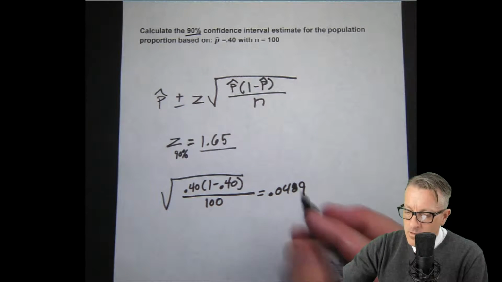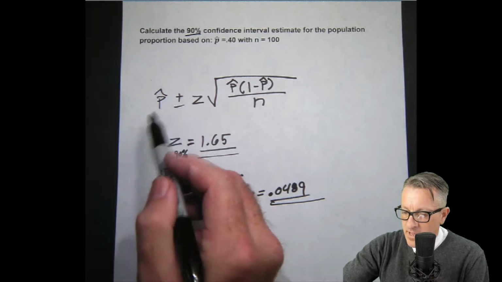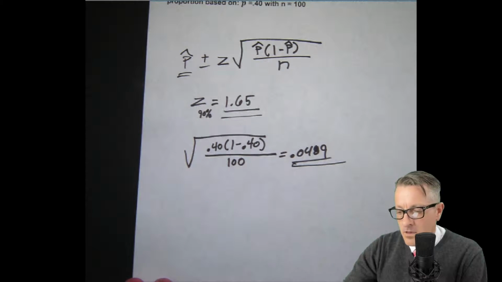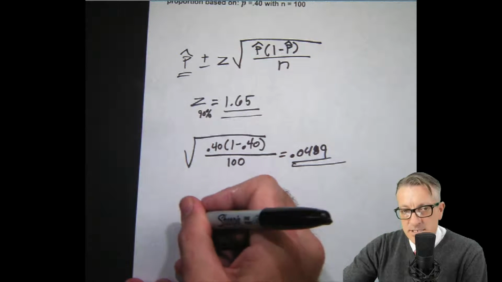Okay. So we have this value, we have this value, and then we have our p hat already. So let's put this together. Sometimes I write the plus first, but we'll write the negative first, which makes sense.